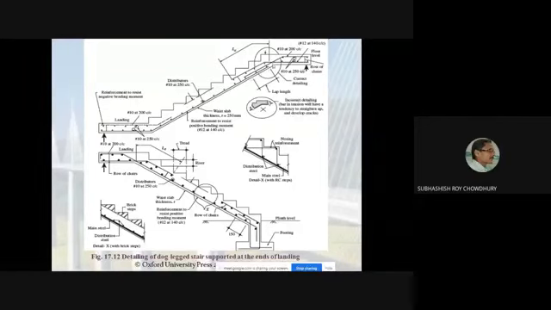It will just be extended to the top face of this landing, and then continued along the top face. And another set of steel that will be provided at the bottom face of the landing slab will be extended up to this point, and then it will be bent and provided along the top face of the stair slab.